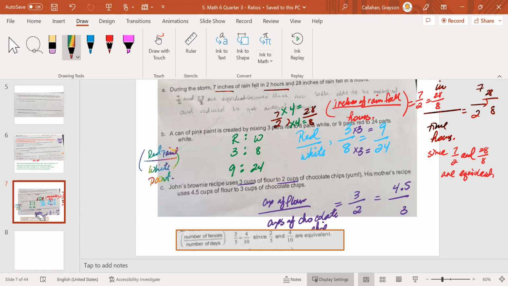And you go to the fraction 3/8 is equal to 9/24. Since 3/8 and 9/24 are equivalent. Okay?